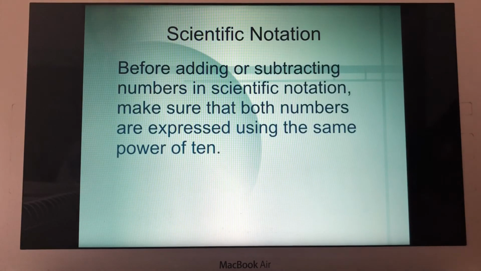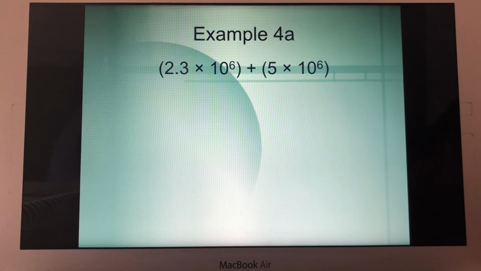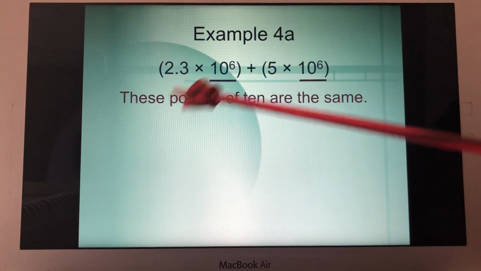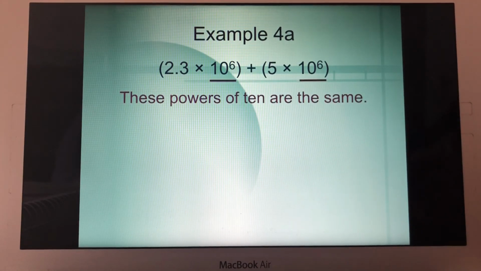Before adding or subtracting numbers in scientific notation, we have to make sure that both numbers are expressed using the same power of 10. So let's take a look here. Okay, these numbers have the same power of 10. 10 to the 6, 10 to the 6.